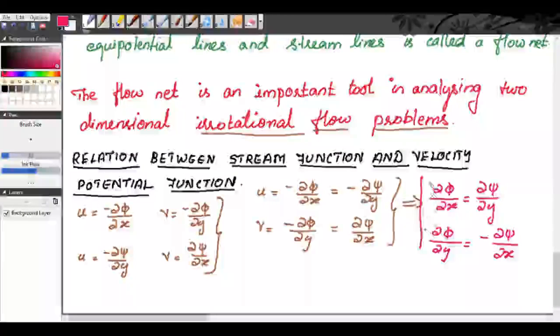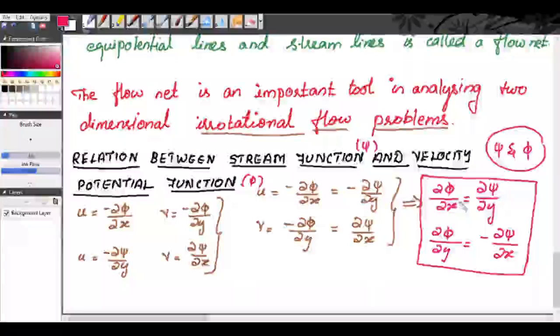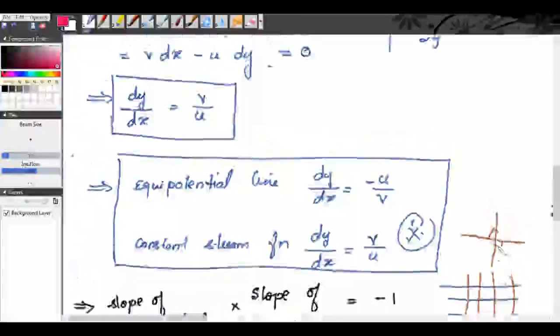Okay, so this is the relationship between stream function and velocity potential function. Velocity potential function is phi and stream function is psi. So the relationship between psi and phi: dou phi by dou x is equal to dou psi by dou y, and dou phi by dou y is equal to minus dou psi by dou x. Now we will move on to our problems.